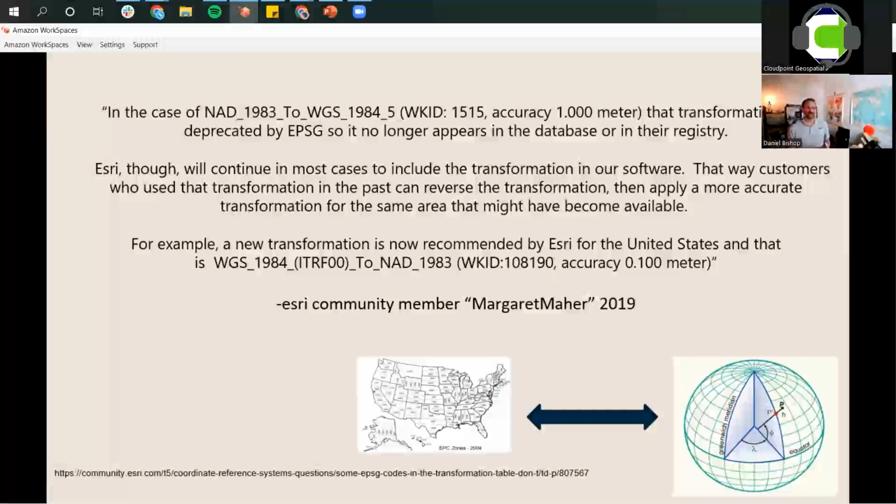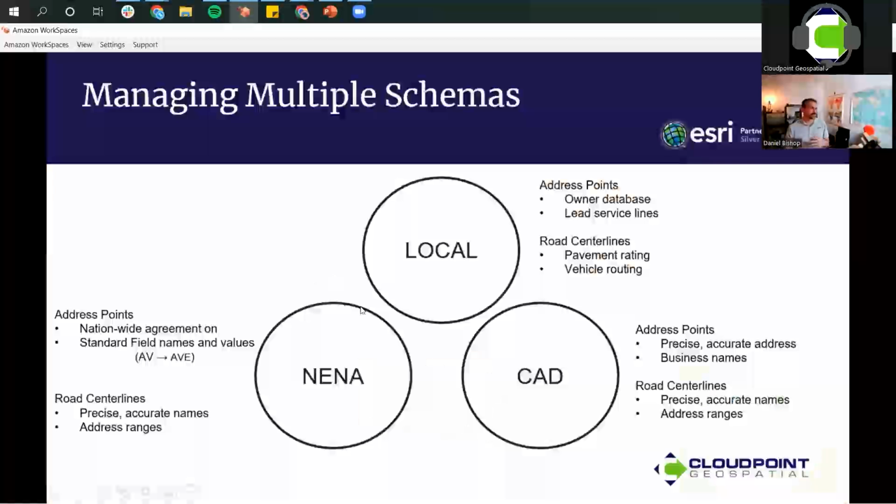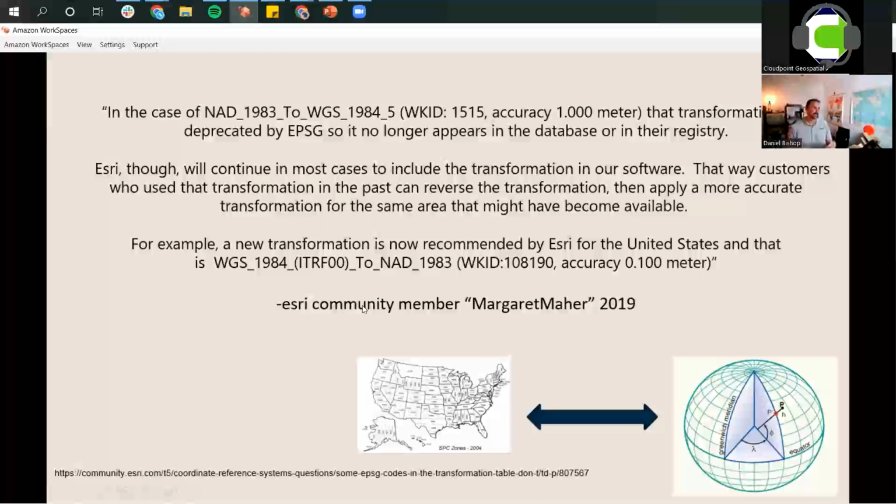So currently, what one user on the ESRI community suggests is to use this WGS 84 to NAD 83 with this 108190 ID number for the most accurate.